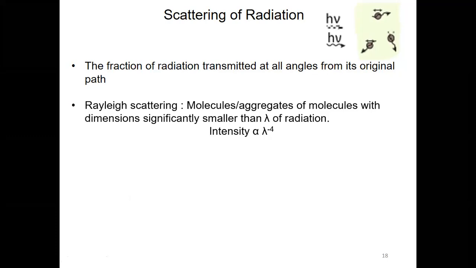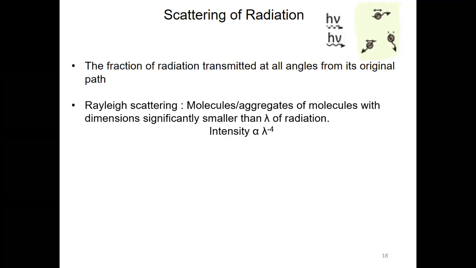So when the molecule size is smaller than the wavelength of the incident radiation, this type of scattering, Rayleigh scattering, can happen. You will learn about Rayleigh scattering in more detail when you learn Raman spectroscopy, where it is more important.